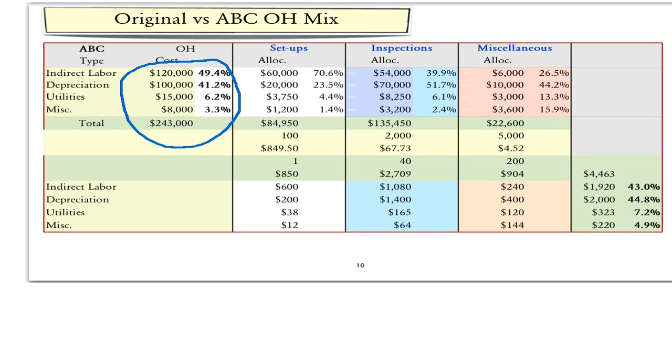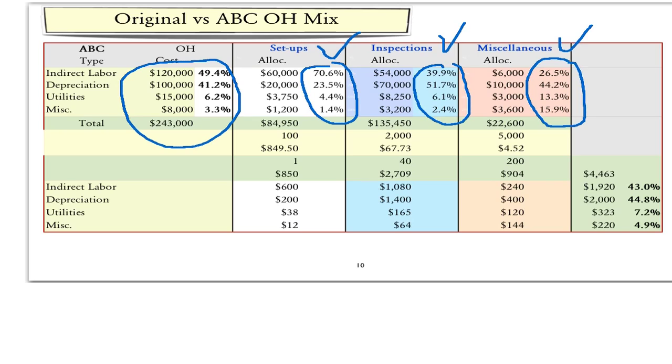Those costs were then allocated to setups, inspections, and miscellaneous, our activities. Each activity has its own mix for the use of overhead resources. Next, we calculated an activity rate, and then we applied that activity rate to the particular job that we were interested in.